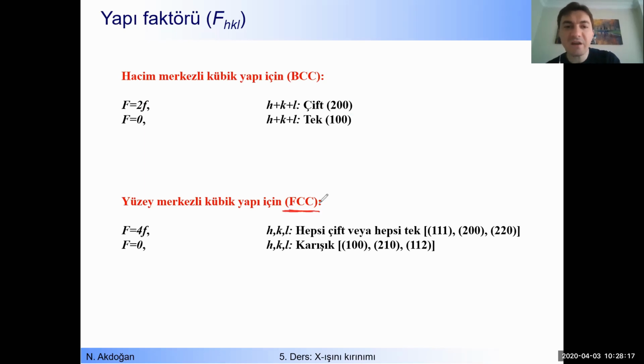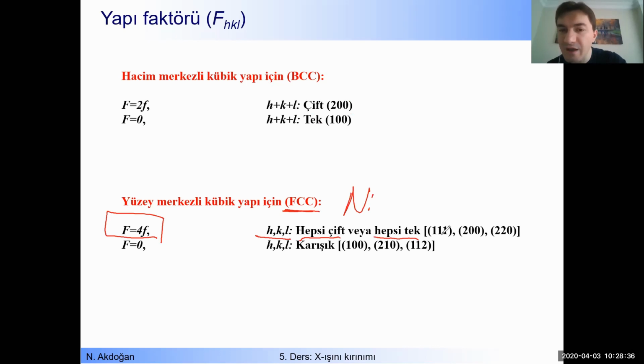If you are investigating nickel, for example, nickel is FCC, we get a structure factor which is equal to 4F if HKL, all of them are even or all of them are odd, okay?